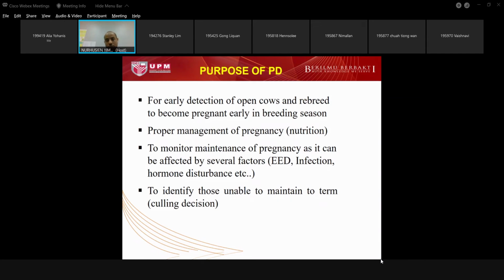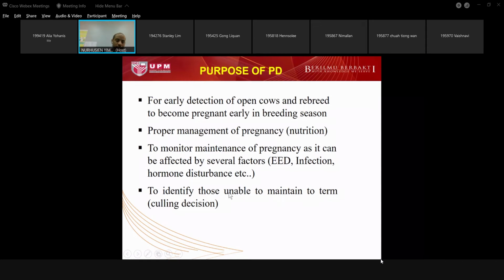So to make sure that the pregnancy is maintained, you need to check the status of this animal, even after you know that initially the animal is pregnant. That is another purpose, to confirm that the pregnancy you checked initially is actually sustained until term.